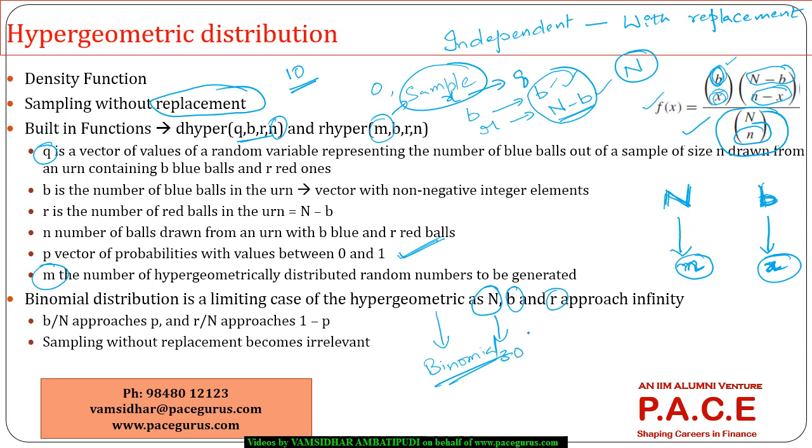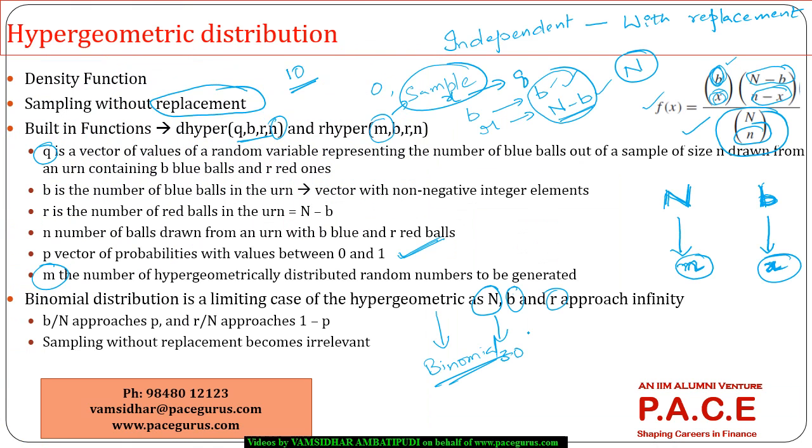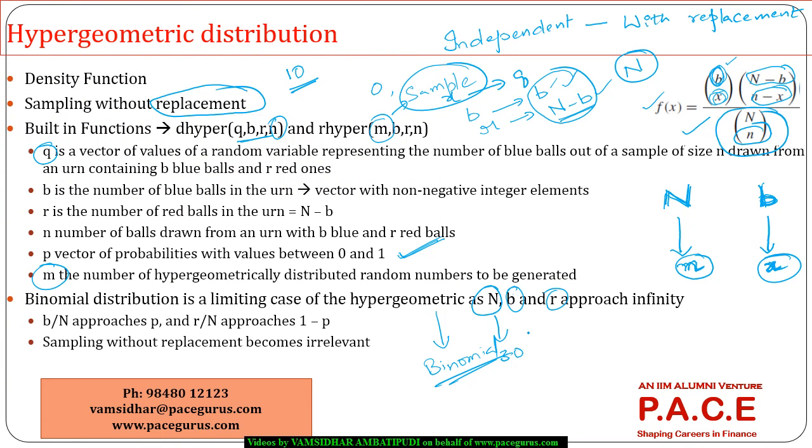Even in this case, for the same data, these are the probabilities that are coming up. The mean is 3.3 and the variance is 1.48. Now, if I assume the same data is coming from a binomial distribution, then B by N should approach P. So in this case, B is 10, N is 30.